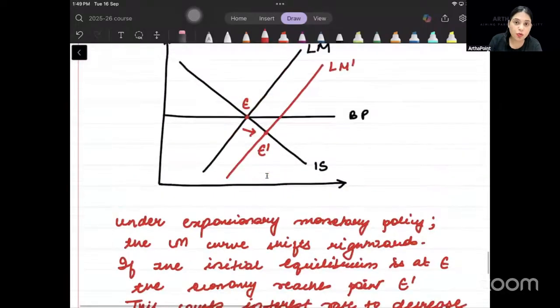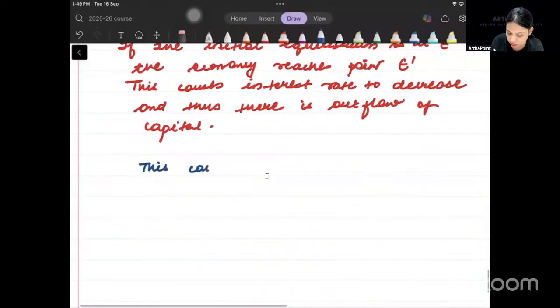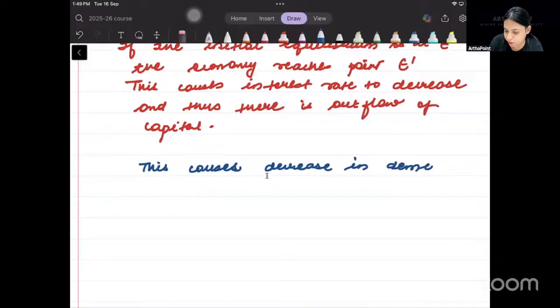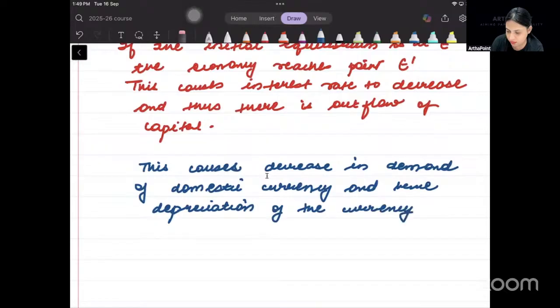Now, when the capital is moving out, this causes decrease in demand of domestic currency, and hence depreciation of the currency. So the currency starts depreciating.